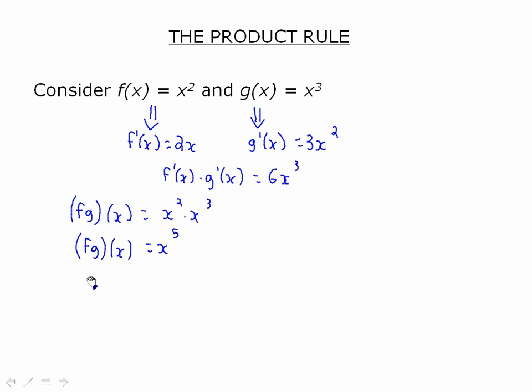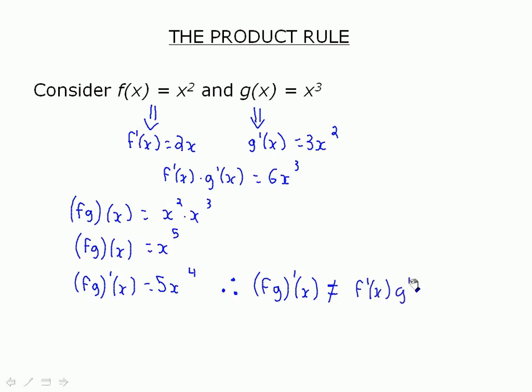Now, if we differentiated, we would get fg prime of x, and we would get 5x to the 4. So what this shows us clearly is that the derivative of the product does not equal what we would get when we multiplied the derivatives together. So it does not equal f prime of x times g prime of x.